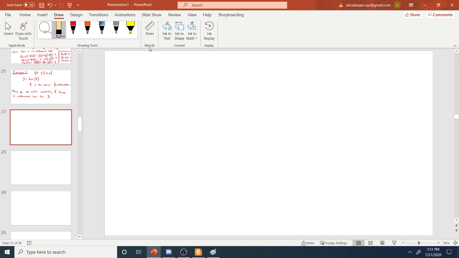So another thing I want to show is a theorem. And this theorem has a name. It's called Parseval's formula.